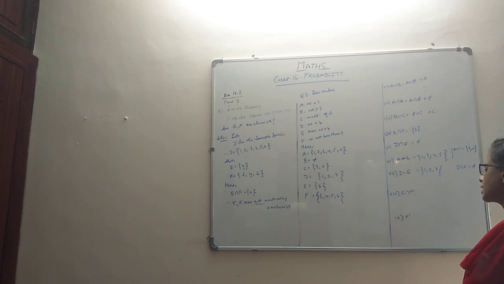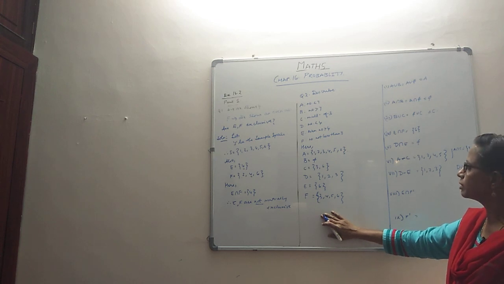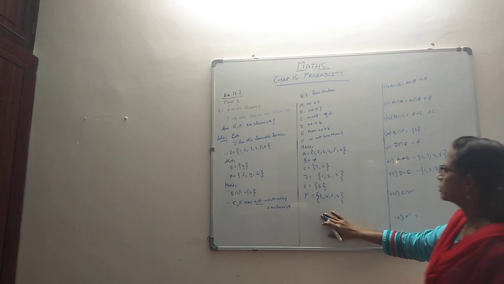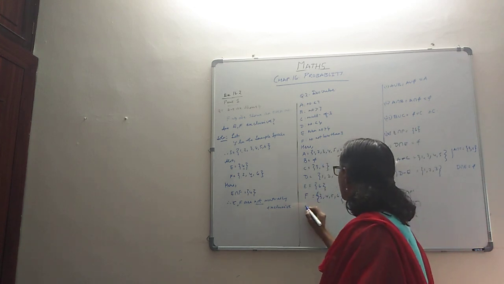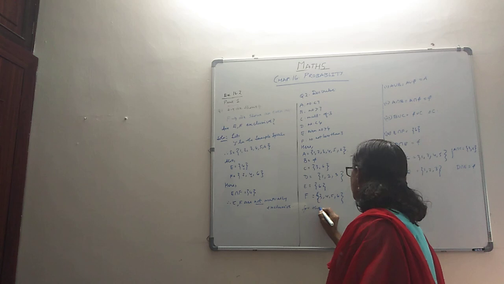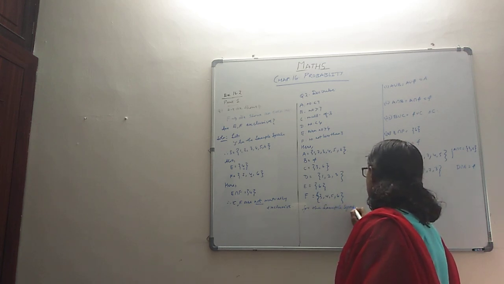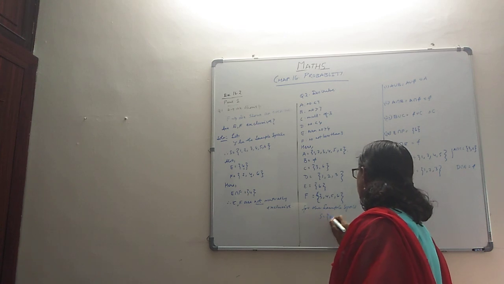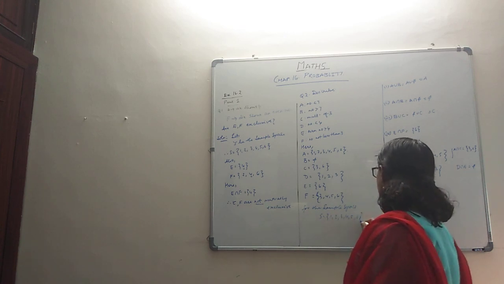Then E intersection F complement. Now before that, we'll write F complement, so that's easy for us. What is F complement? Everything that is there in the universal set, but which is not there in F. We should have written the sample space S equal to, right in the beginning, but still better late than never.